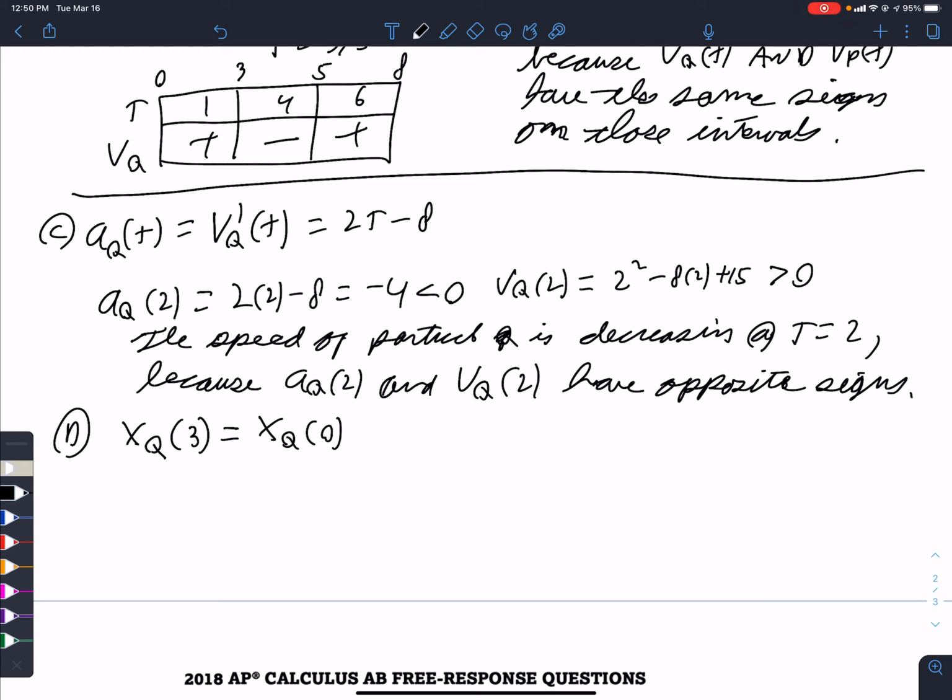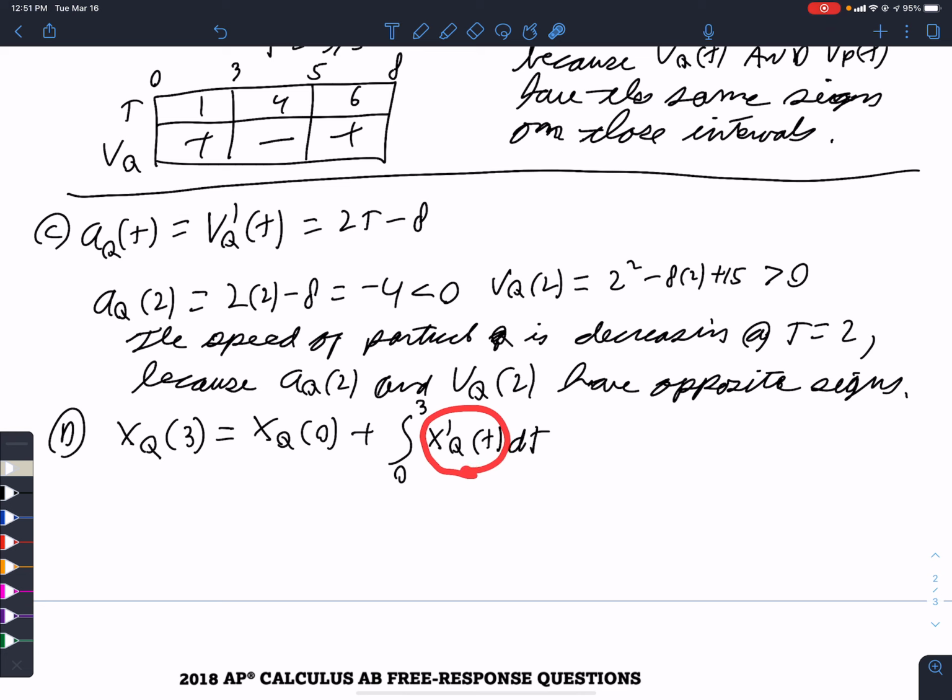Now, what do we do with that? Well, this is like accumulation. How much position did I have at time 0? Well, if I want the position at 3, I've got to find out how much the position changed from 0 to 3. How do I find that? You integrate from 0 to 3 x prime Q of t dt. Or in other words, you integrate the velocity to get the change in position.